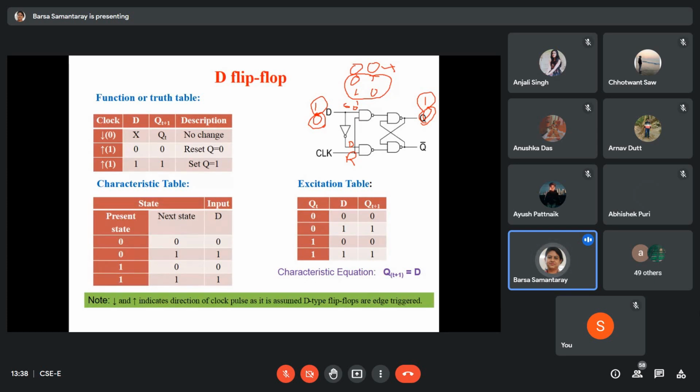So this one is known as D, which stands for delay, or you can tell data flip flop. What do you mean by data? That means if in the data you are giving 0, then output will be 0. For how much duration? This is the propagation delay of this circuit.